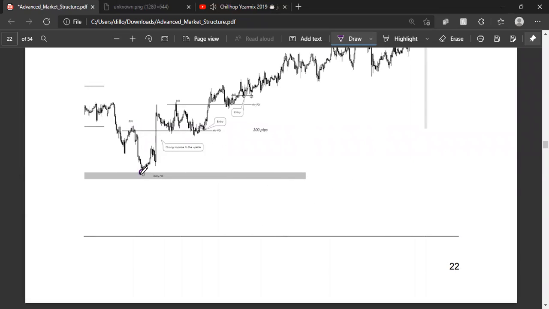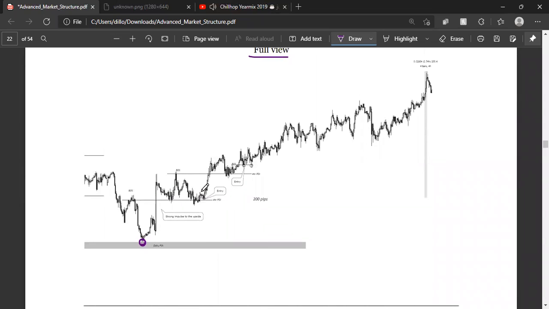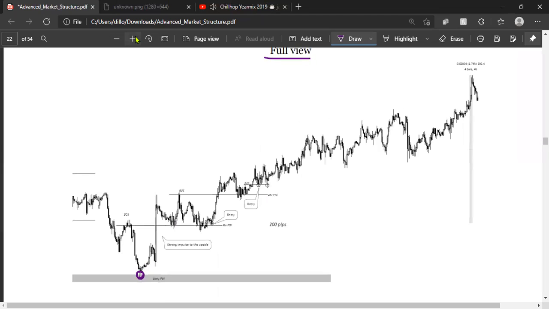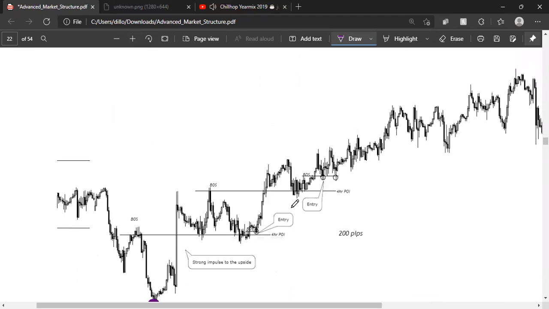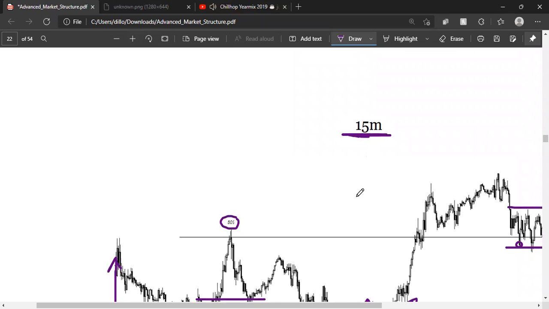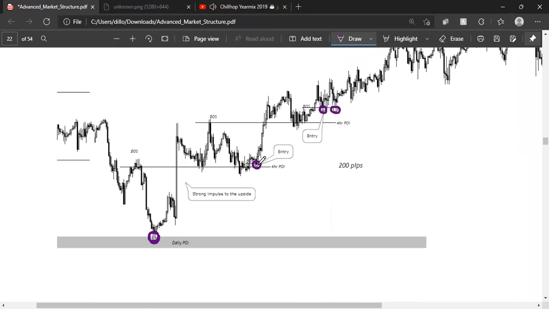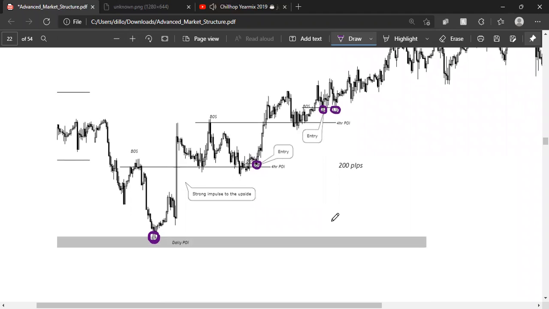Here is that daily point of interest, that rejection from the daily point of interest. And let me zoom in and see if we can see better. And here are the entries from that 15-minute time frame, right? So you can see, let me plug this in right quick.